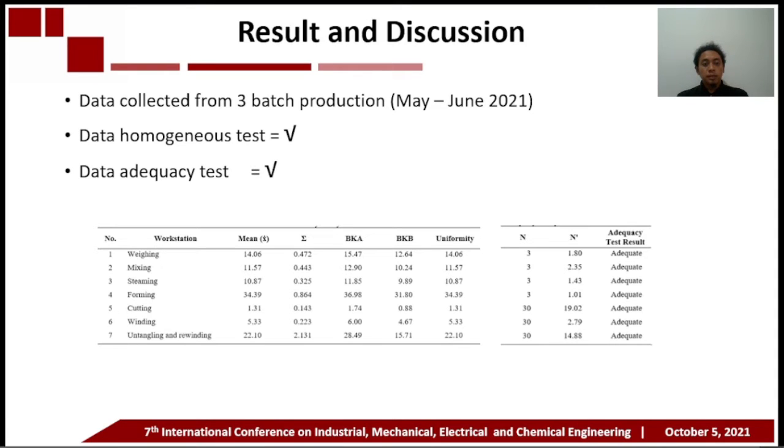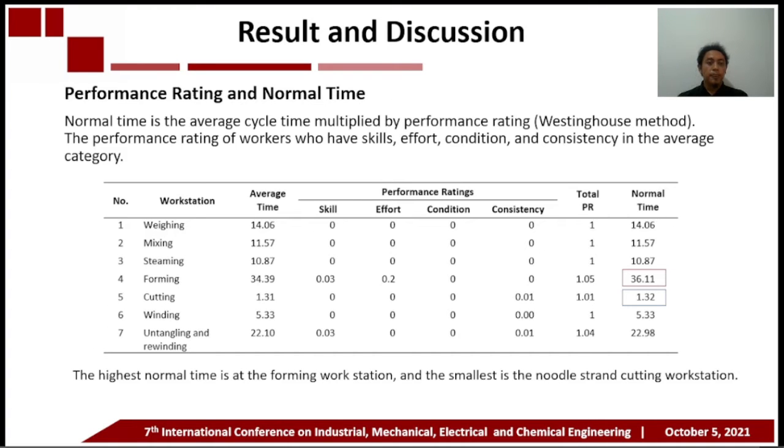Data was collected from 3 batches of production, from May to June 2021. This data passed the homogeneity test and the data adequacy test. Normal time is the average cycle time multiplied by the performance rating.